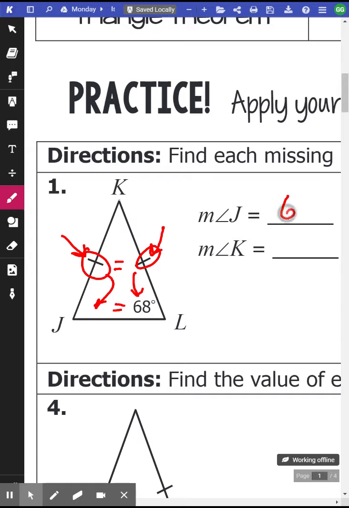So angle J is 68 degrees. If I want to find angle K up here, well, that's just 180 minus 68 minus 68. 44 degrees.